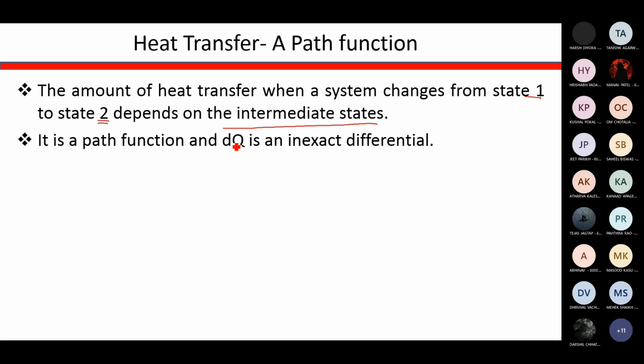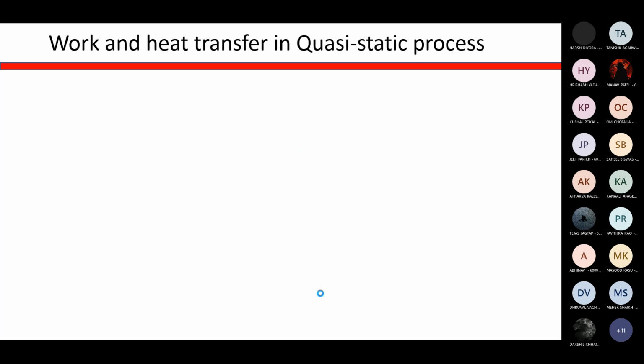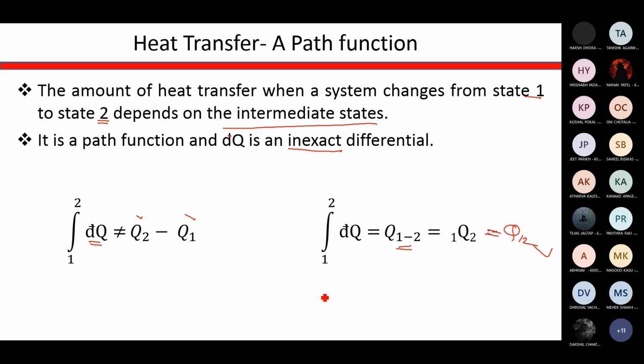This dq is an inexact differential, so I should not write dq; rather I should write it with a bar, d bar q or d cross q. The integral from 1 to 2 of d bar q should not be written as q2 minus q1, because you cannot have absolute values of q at state point 2 and state point 1. It should be written as 1Q2, or simply you can write Q12. That is also fine. So heat transfer is a path function. Work transfer is also a path function. Heat and work both are path functions.